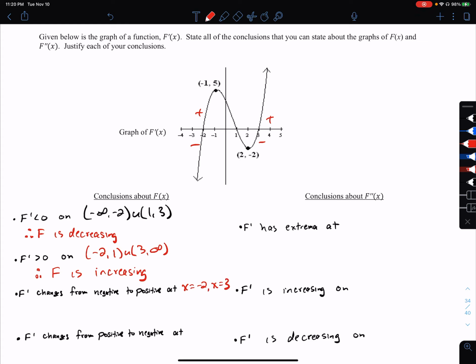What conclusions can we make about the function f? Well, that tells us that f has relative minimums at those same x values.